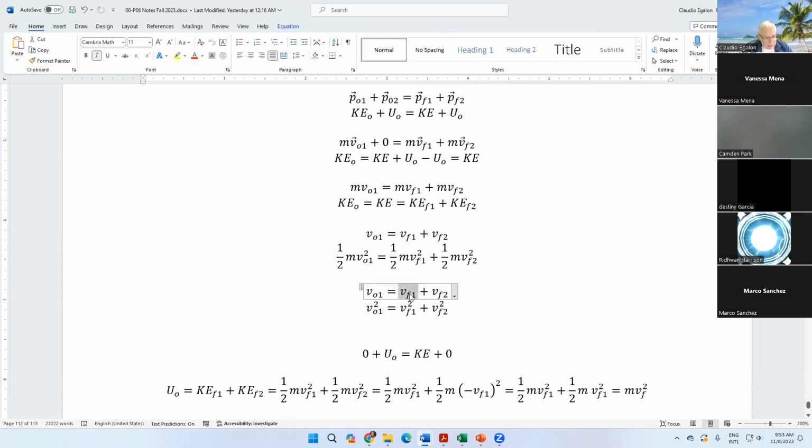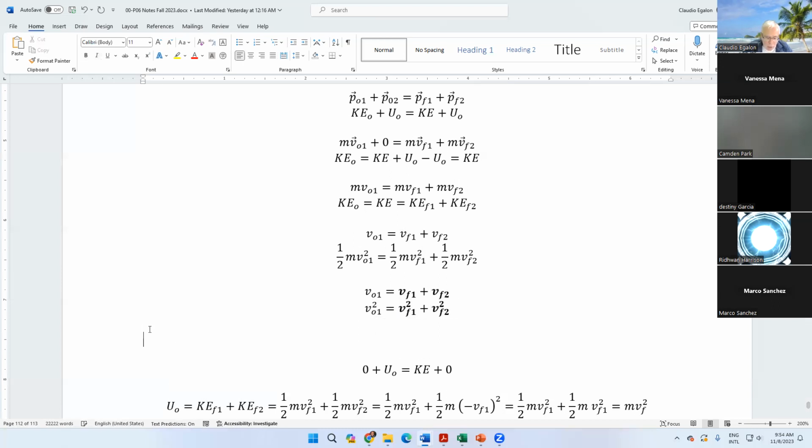I'm going to highlight those values that we do not know. We do not know V final of 1. We do not know V final of 2, right? Looking at the above system of equations, we have 2 equations for 2 unknowns.